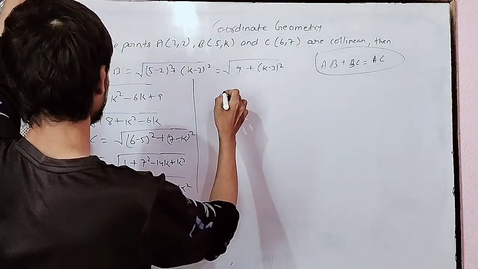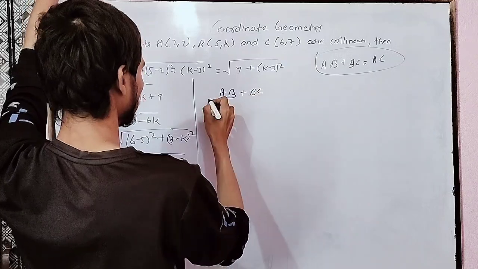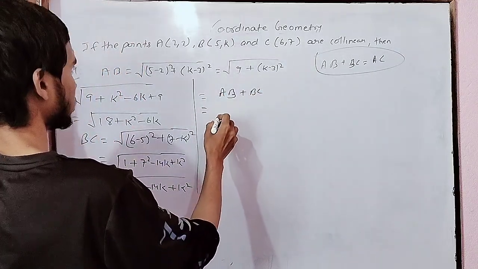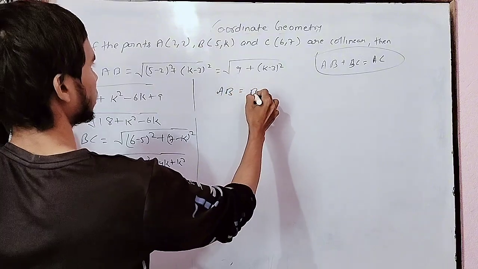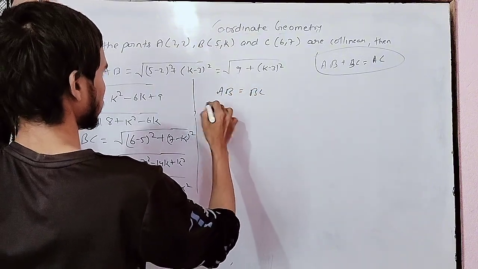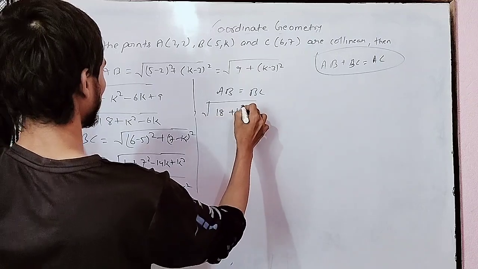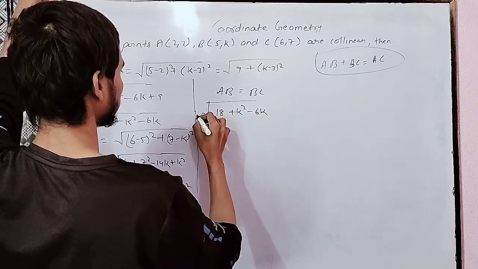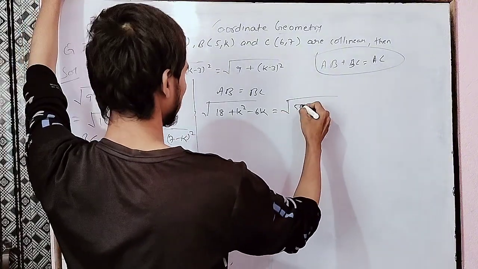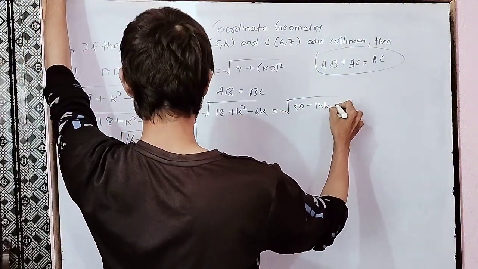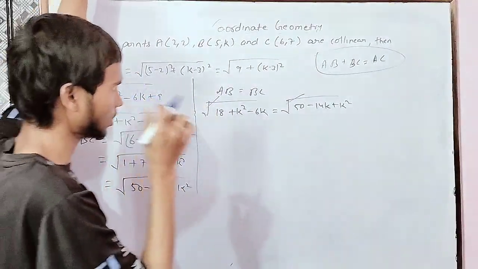Now we are going to use AB and BC: 18 plus k square minus 6k, next is 50 minus 14k plus k square. The square roots get cancelled out.